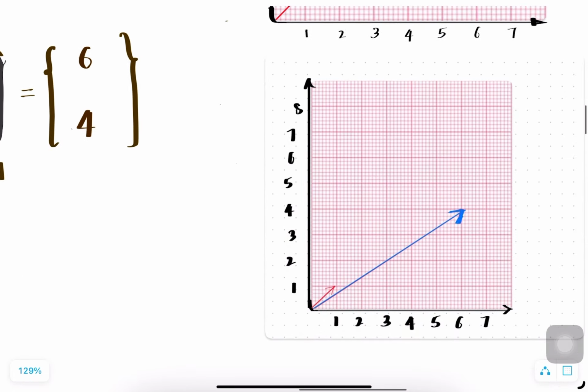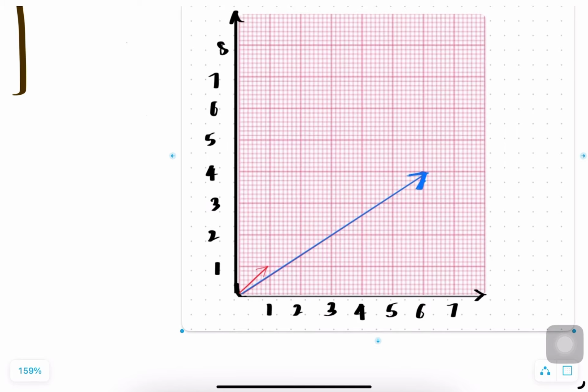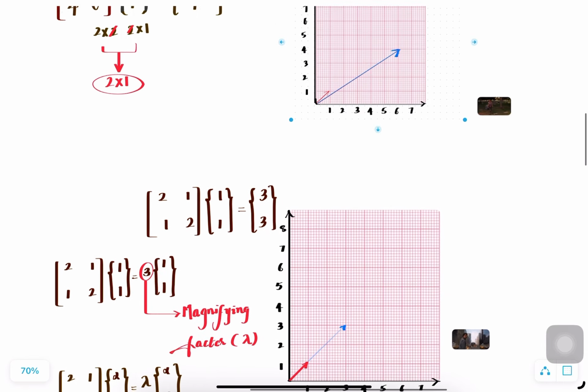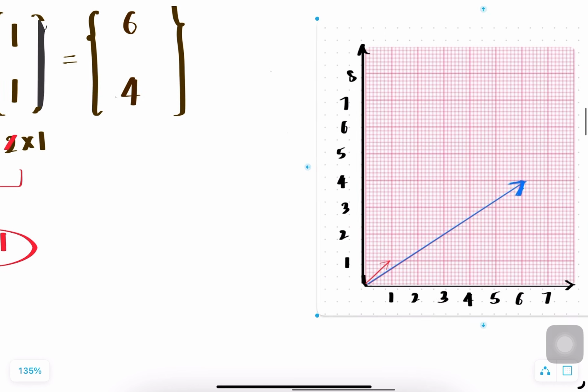Now if you look at this particular vector, it is completely transformed into a new vector. There you could see the blue line. That represents the completely transformed vector. So the answer to the question, what happens when a matrix hits a vector, is: when a matrix hits a vector, it completely transforms the vector.